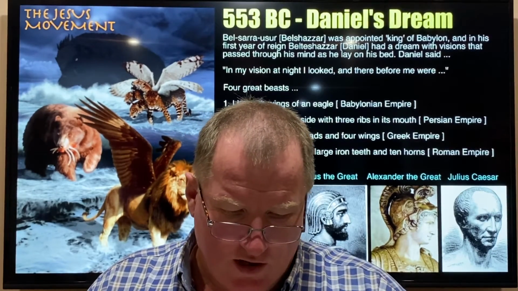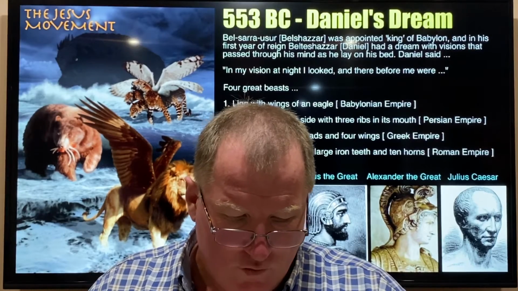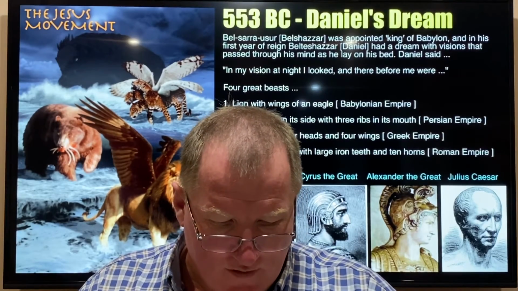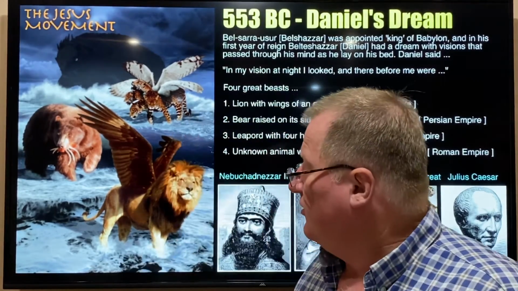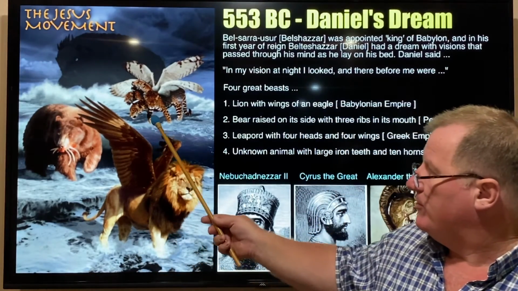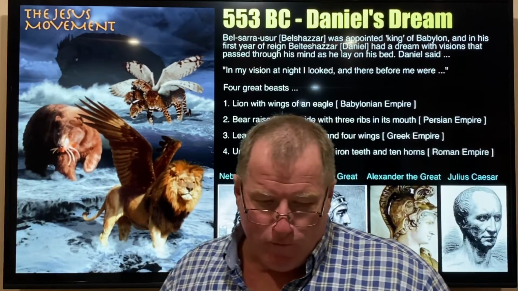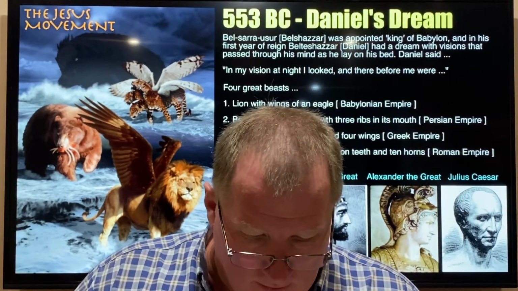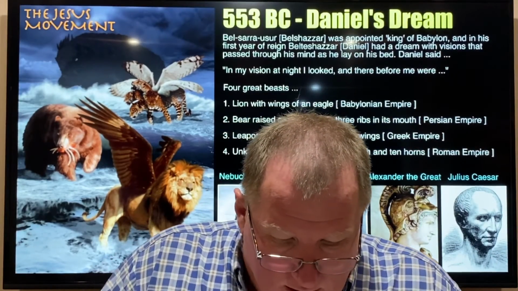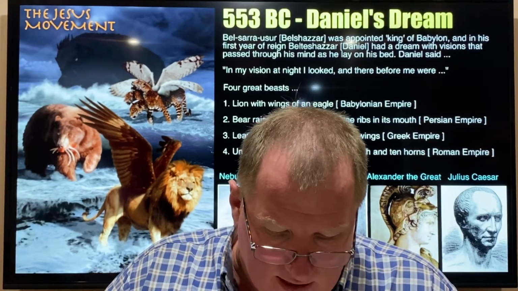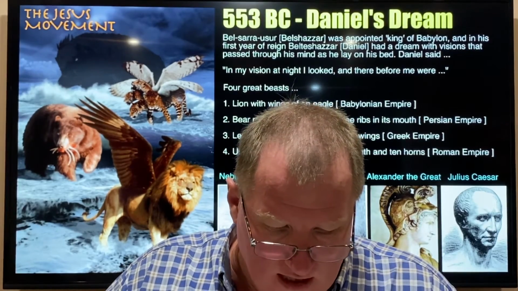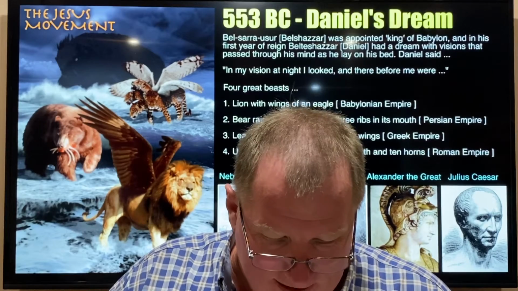So this is something that's still yet to happen. The third looked like a leopard with four heads and four wings on its back. It was given authority to rule. And so we have this image of a leopard, four wings and four heads. And then the fourth beast was not described like any known animal. It had large iron teeth with ten horns.